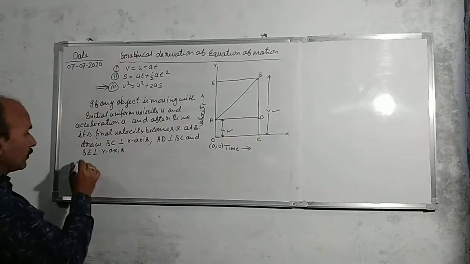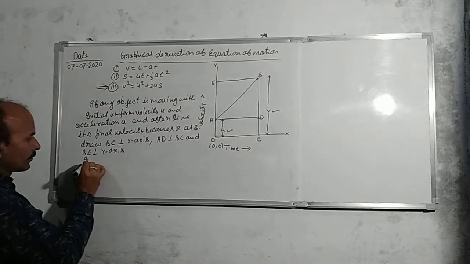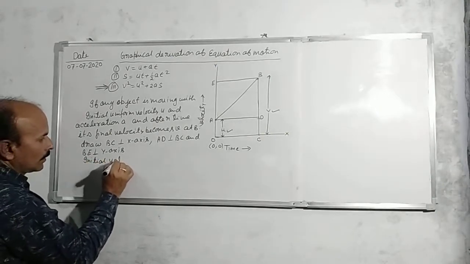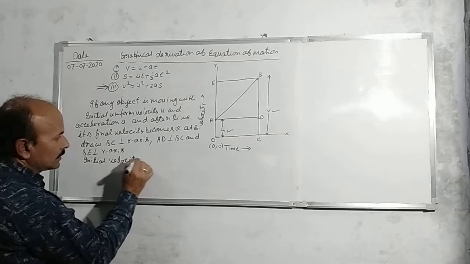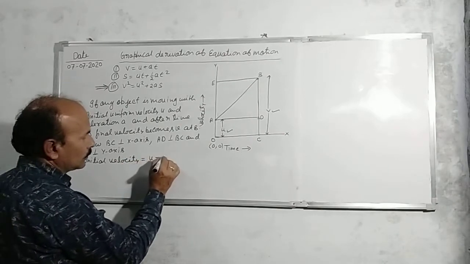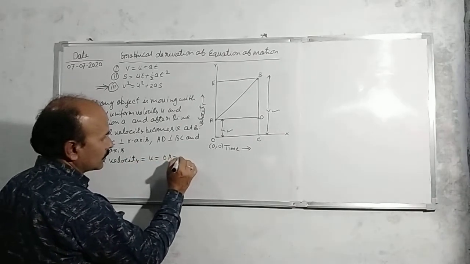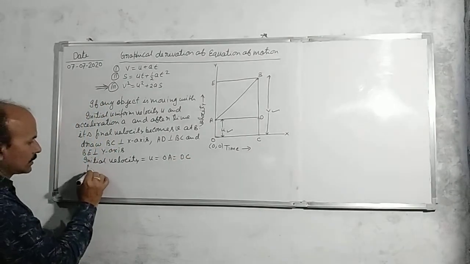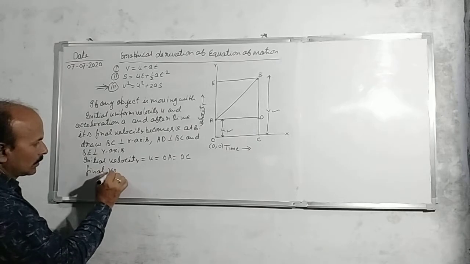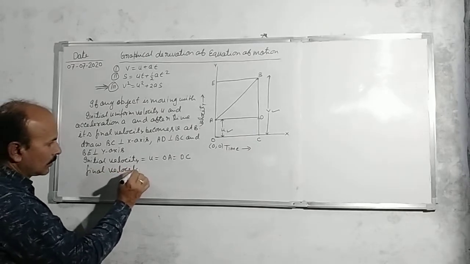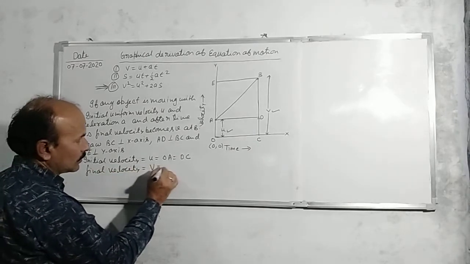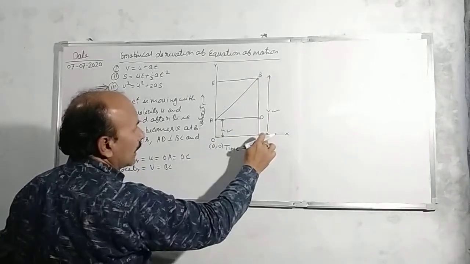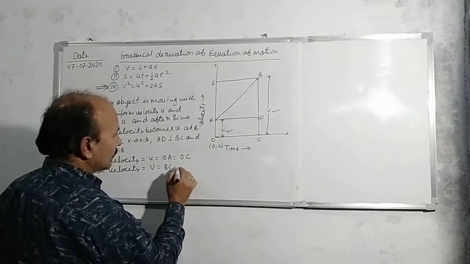So initial velocity u is equal to OA is equal to DC, and final velocity v is equal to BC, and BC is equal to OE.